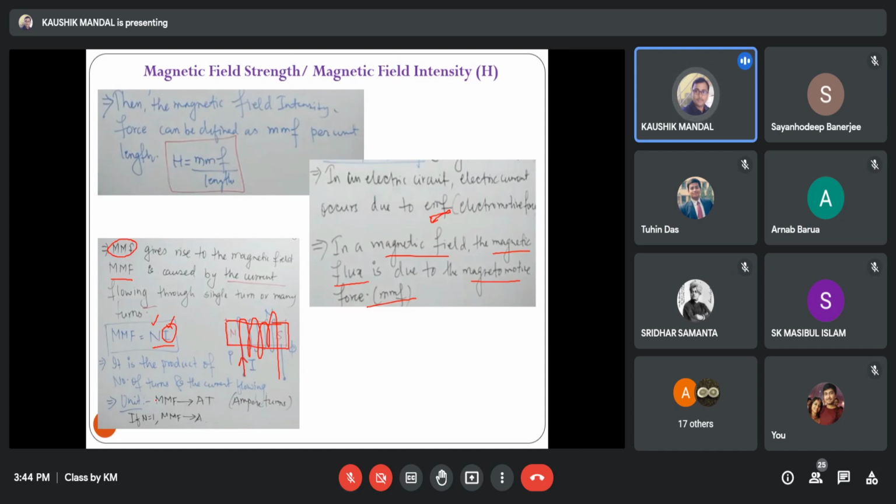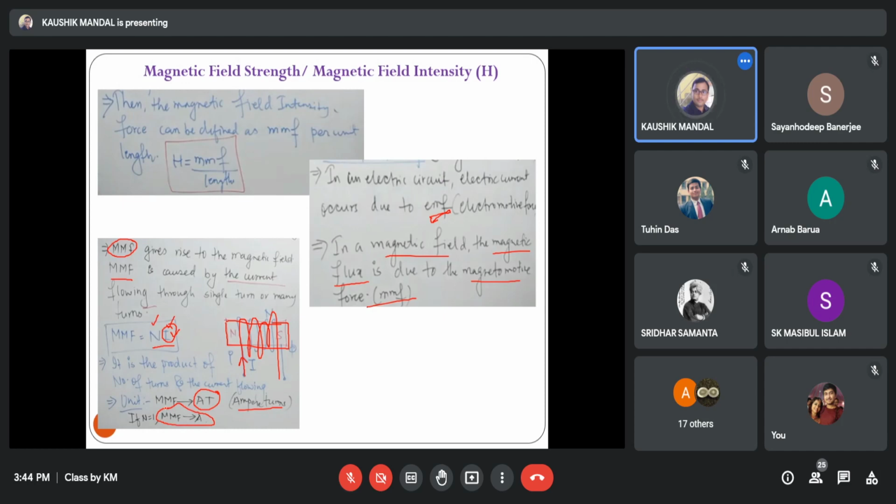So what will be its unit? Obviously the unit of I, current, is ampere, and the unit of turn is turn. So the unit of MMF, magnetomotive force, will be ampere turns, ampere into turns. Now if we consider a single turn wire, that is N equal to 1, then the unit of MMF will be only ampere.